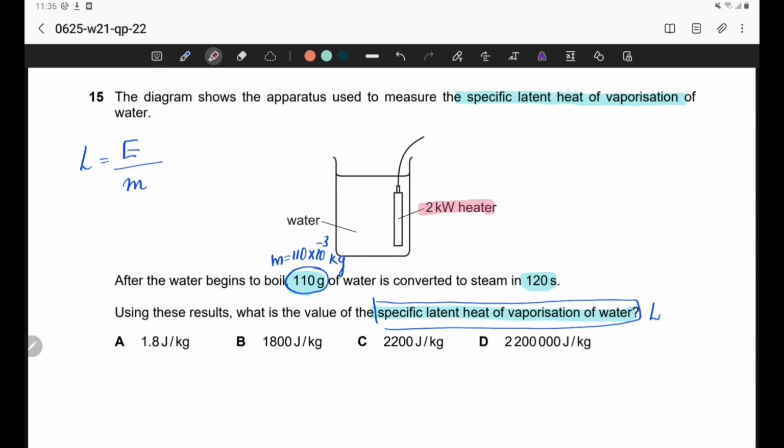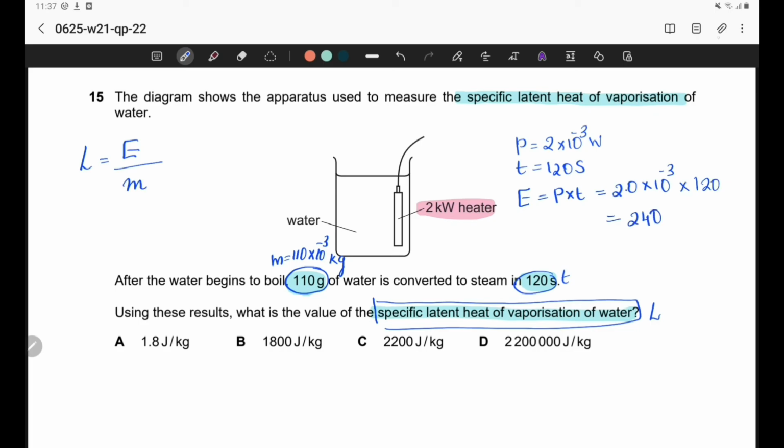But the power of the heater is given, and the power is 2 kilowatt. That means 2 into 10 to the power 3 watts. That is the power. And time is also given, that is 120 seconds. If we have power and time, we can calculate energy. That energy is the product of power and time. So we can substitute the values of power times time 120. Then we will get 240, power is 10 to the power plus 3, it is kilowatt.